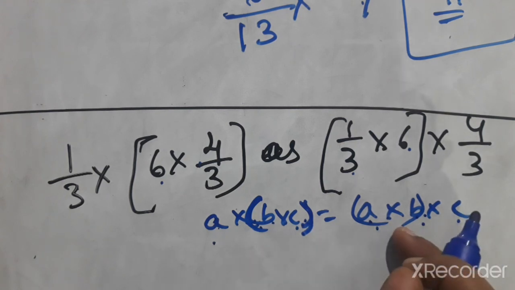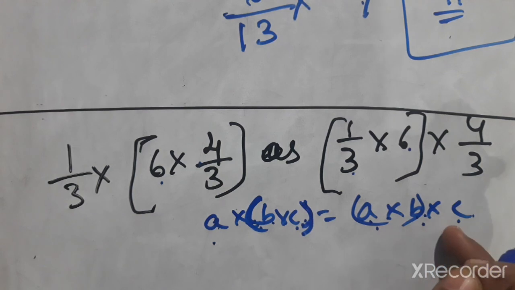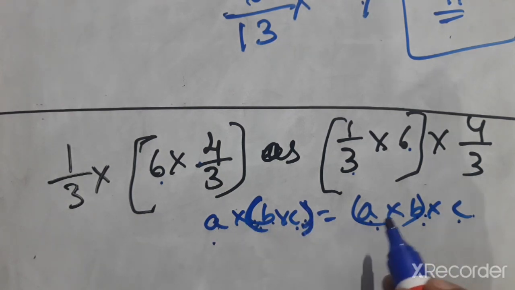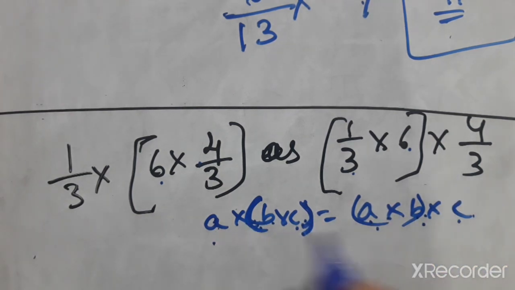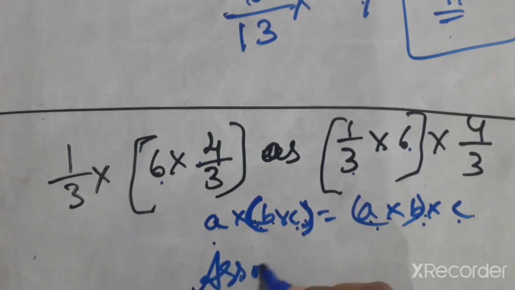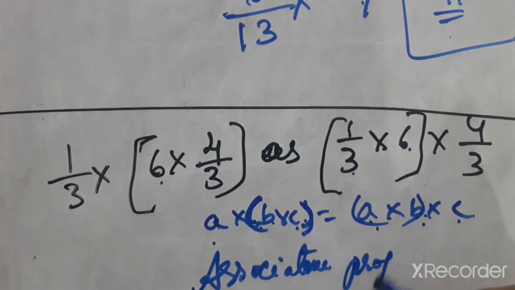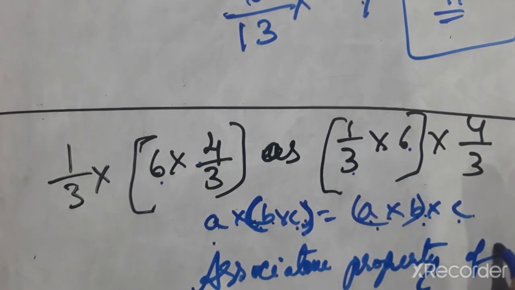Only the brackets change. The numbers or letters are one and the same: a, b, c, and here also a, b, c. So this is the associative property of multiplication.